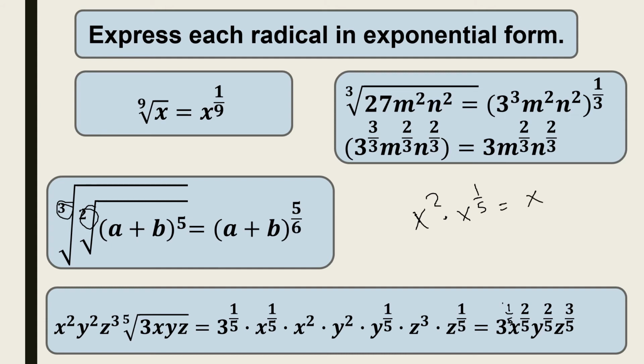So for x, you add 2 plus 1/5. So 2 is 10 over 5, plus 1 over 5, that will become x raised to 11 over 5. So that is the exponential form, instead of 2/5. And so forth, just like here.